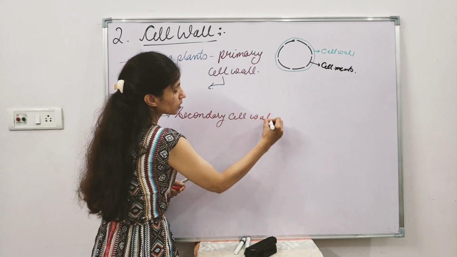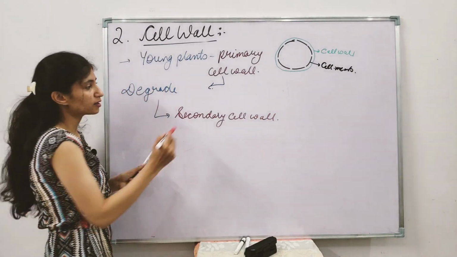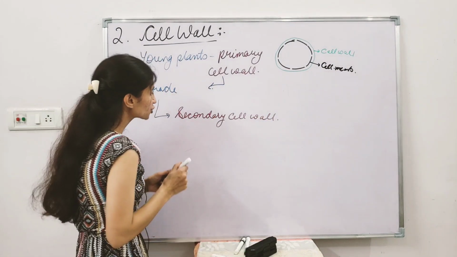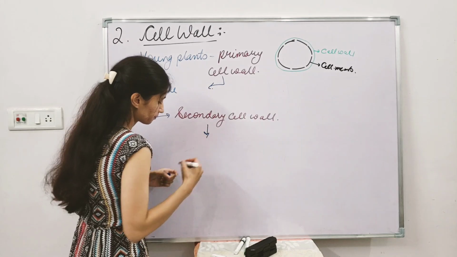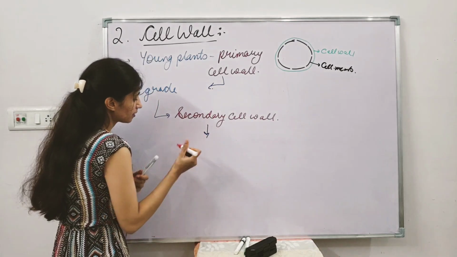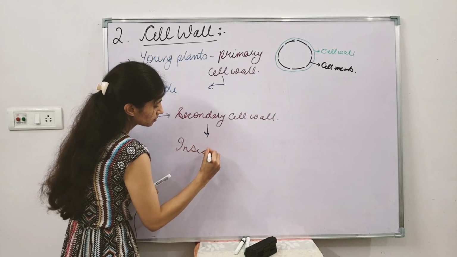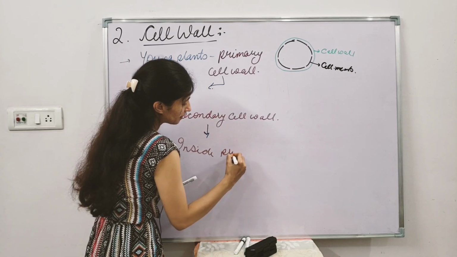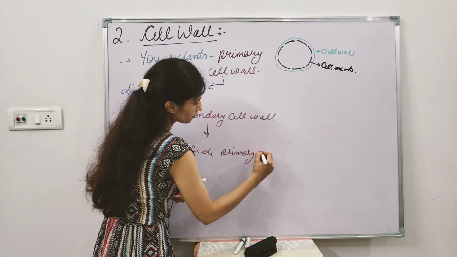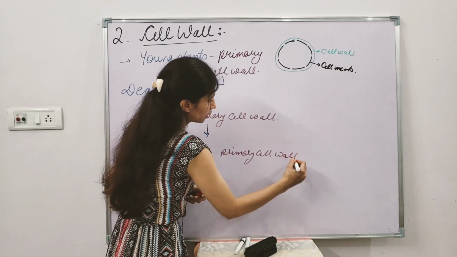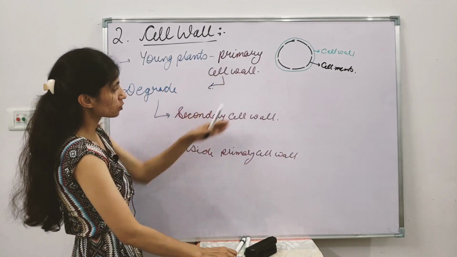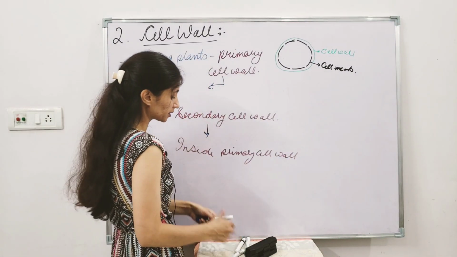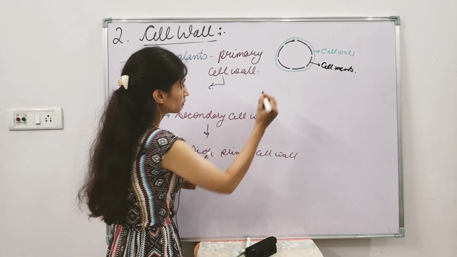The formation of the secondary cell wall will be inside the primary cell wall. Let me explain this with the help of a diagram. I make a cell membrane over here.